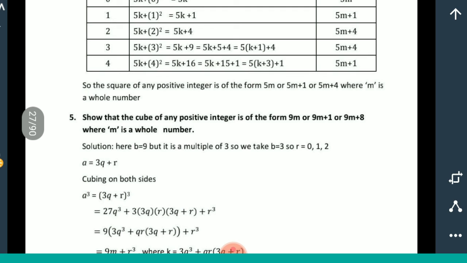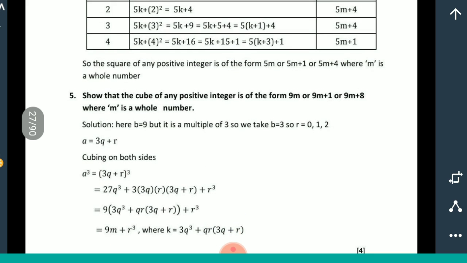So 27q cube plus 3 into 3q into r into 3q plus r, plus r cube. From the first two terms I can take 9 common: 9 times of 3q cube plus qr into 3q plus r, plus r cube. So 9m plus r cube, where 3q cube plus qr into 3q plus r is taken as some m value.